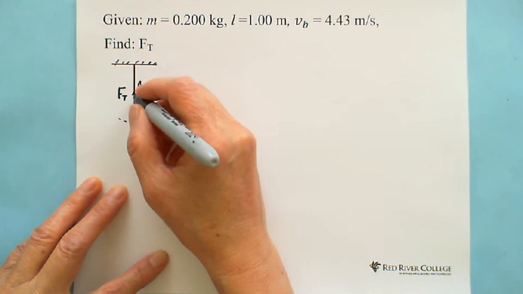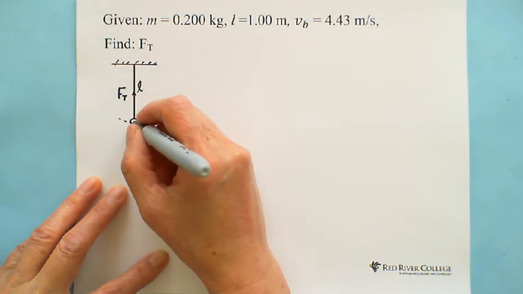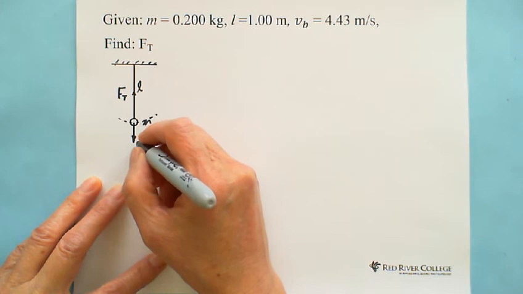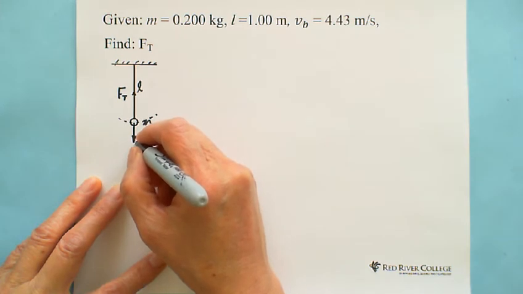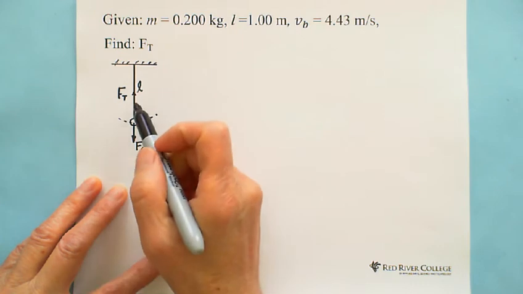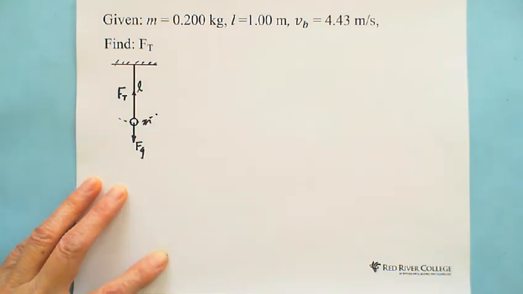As we know, by a free body diagram, the small ball has two forces exerted on it. One is gravity. The other is tension force, right?